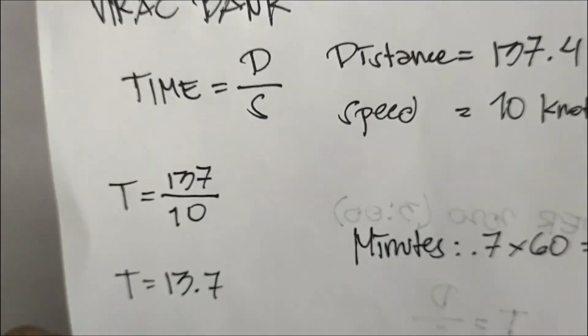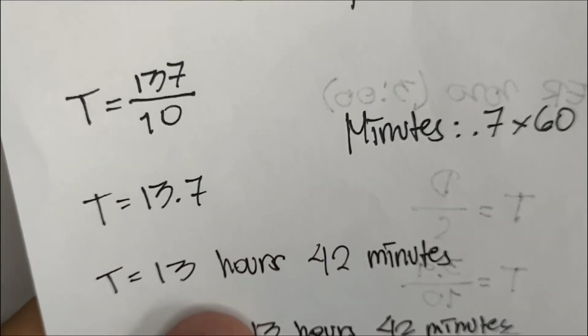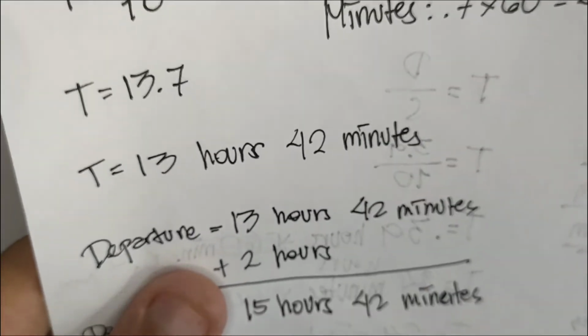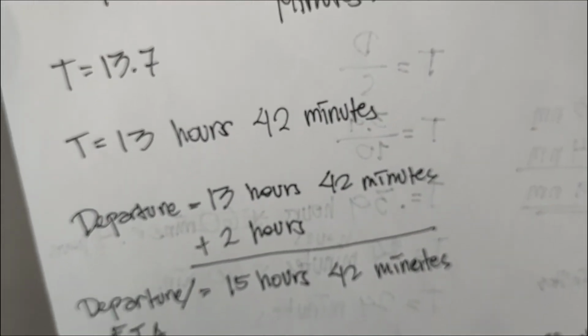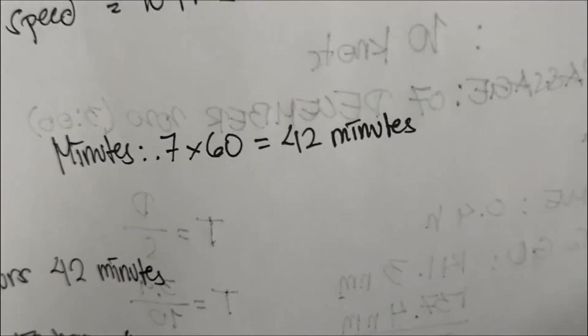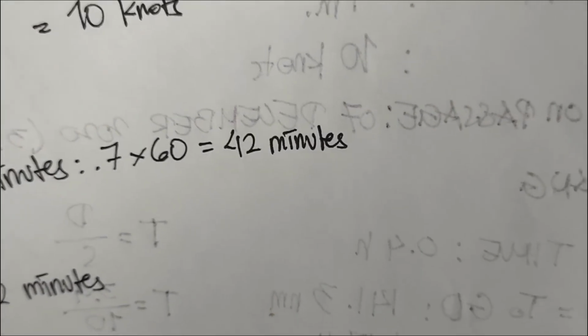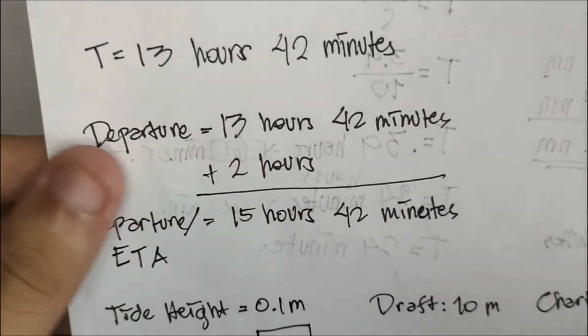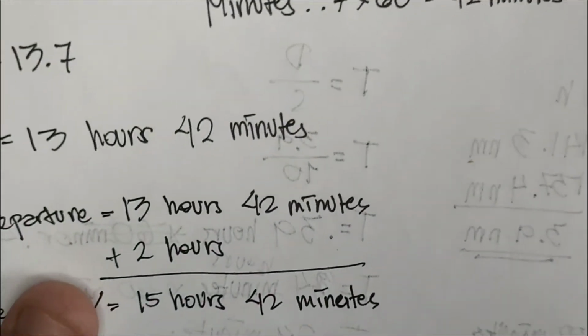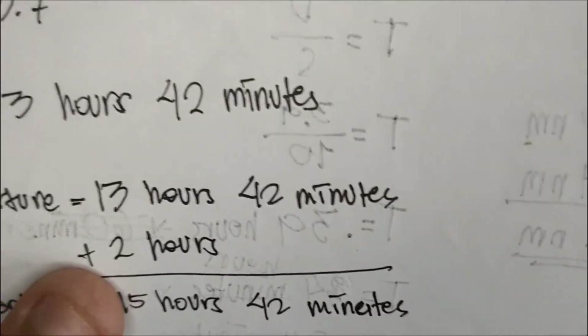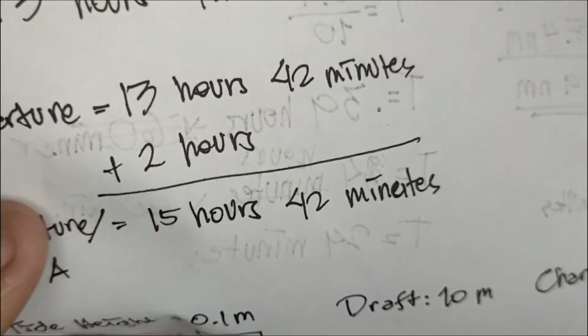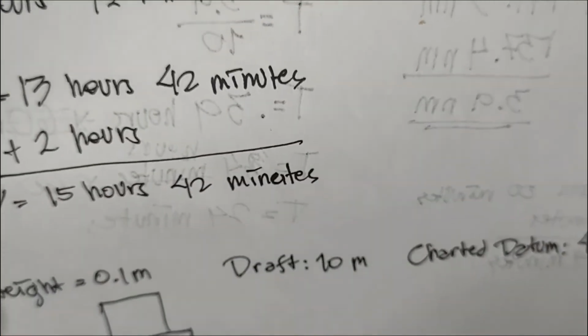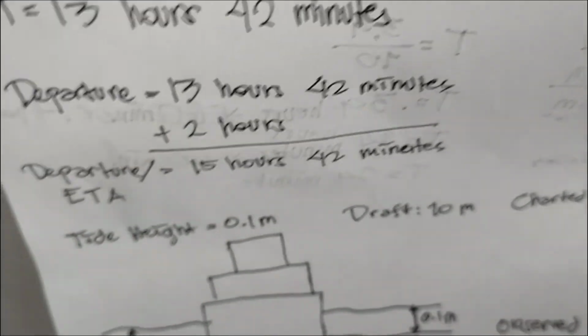Still, the speed of the ship is 10 knots. So we need to divide 137 by 10. So the time is 13.7. Again, change the decimals to minutes. So 0.7 multiplied by 60 minutes is equal to 42 minutes. And the time is 13 hours and 42 minutes. Again, add 2 hours to the departure. So we'll have an ETA of 15 hours and 42 minutes for the Virac Bank.